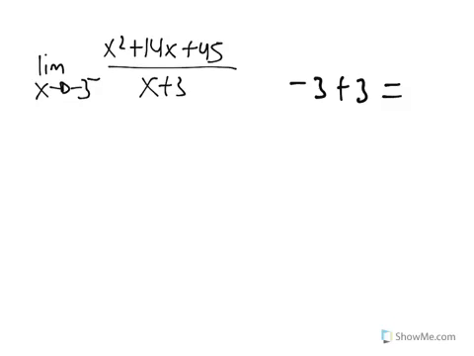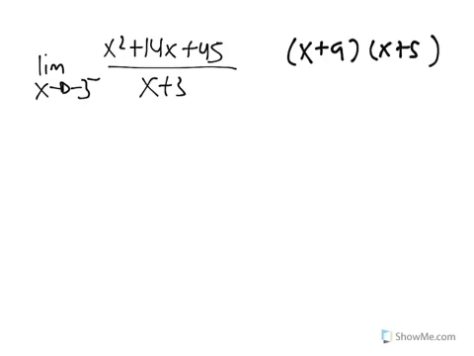Then I think, where are the other ways we can compute the limit? The next thing you can think of is, can I factor this and maybe something cancels? I look at the numerator and see that it can be factored into x plus 9 and x plus 5, all over x plus 3.